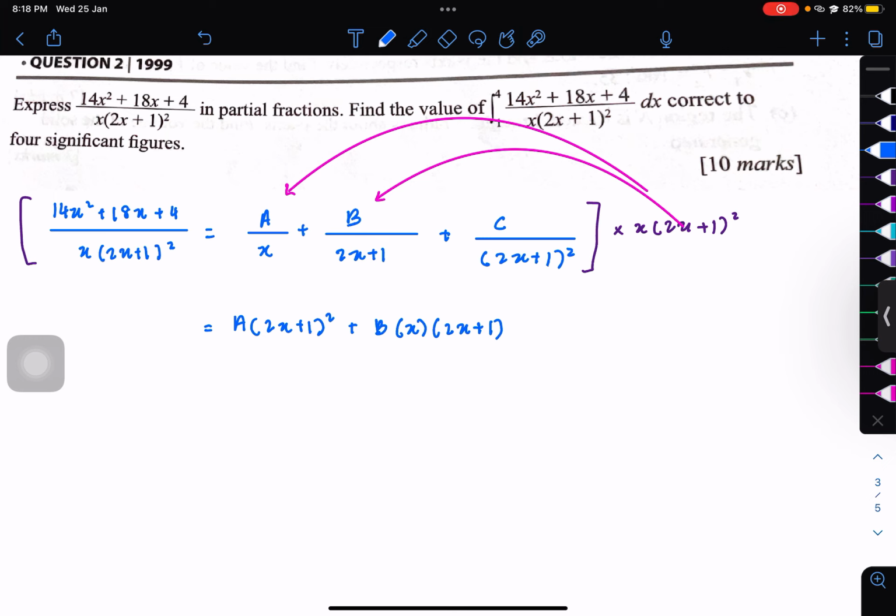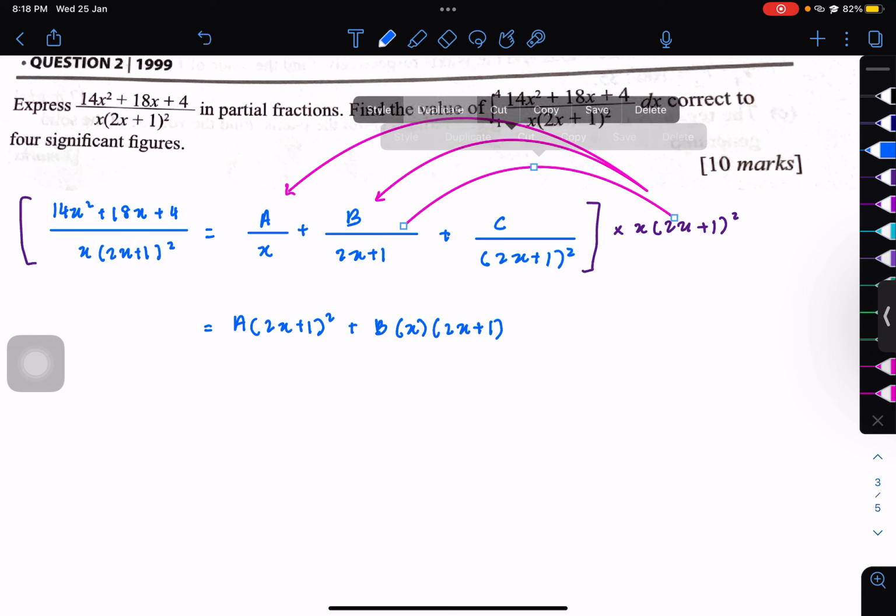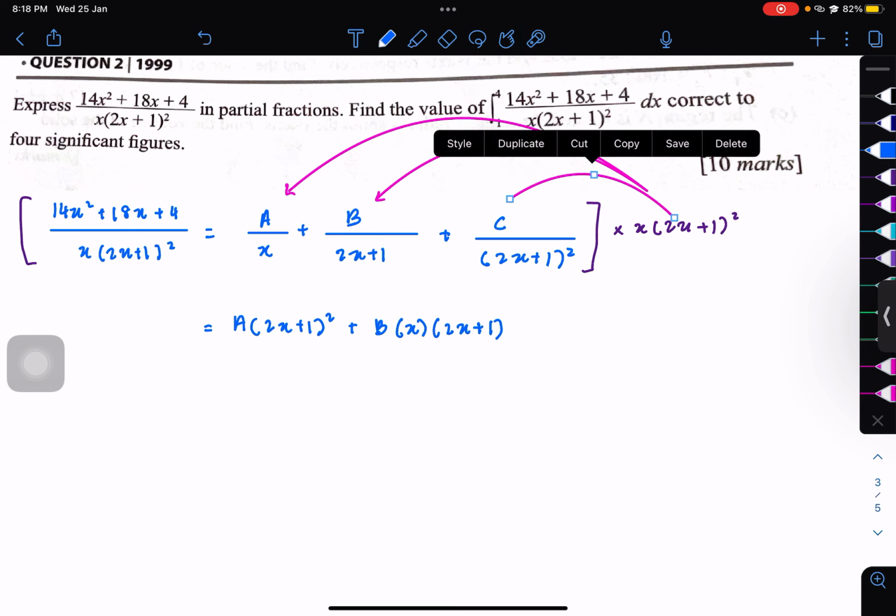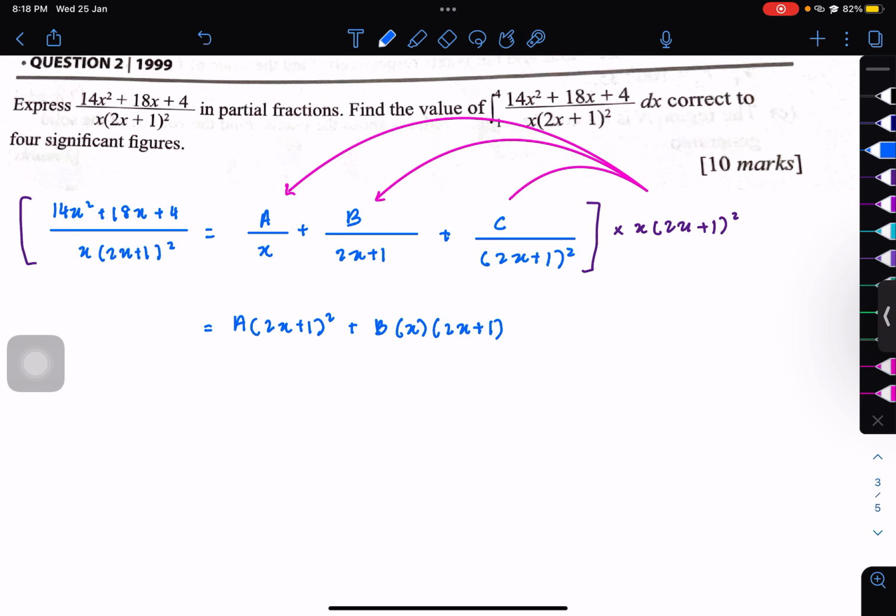Okay, and the last one is C. Okay, so C kita expand je balik, which is kita akan darabkan benda yang sama, and you will get, potong, kita akan dapat x. Jadi Cx. Okay, so 14x squared plus 18x plus 4.